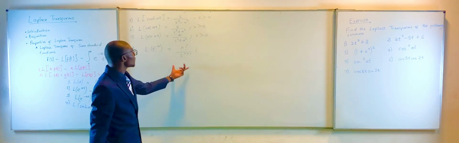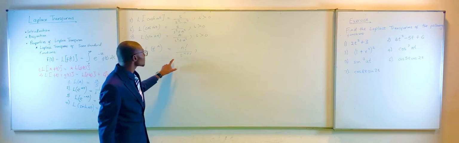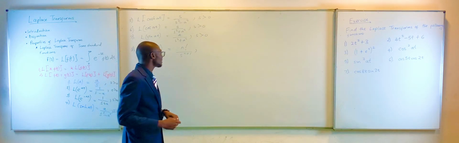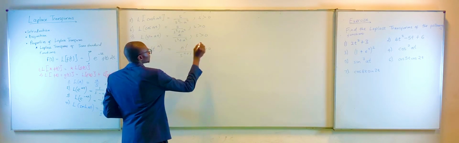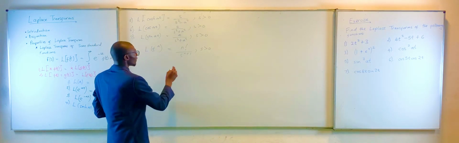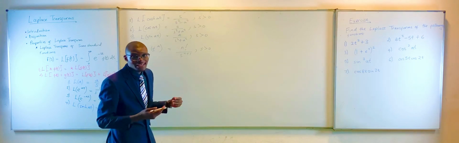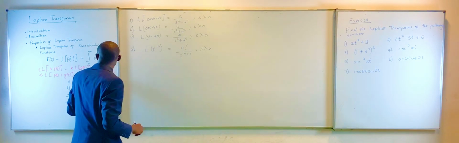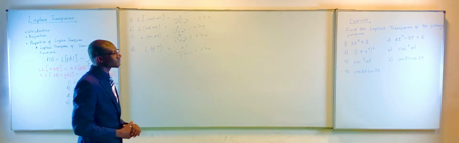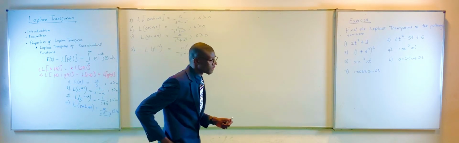And this is valid when n is a non-negative integer, and s has to be greater than 0. So please take note, for n is a non-negative integer. Right? So now I'd like to use those results that we derived to attempt those questions right here.